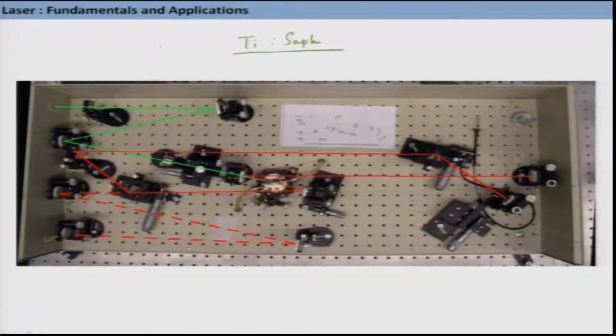So that is what is done. You use a green laser, which is a continuous wave laser, pump it up, and then you take the emission out from this Ti:sapphire crystal and allow it to travel back and forth within the cavity, and you also put something for mode locking. There are different types of mode locking possible that we have already discussed. In this particular case, you can use Kerr lensing, or passive mode locking, or an acoustic modulator or electro-optic modulator.